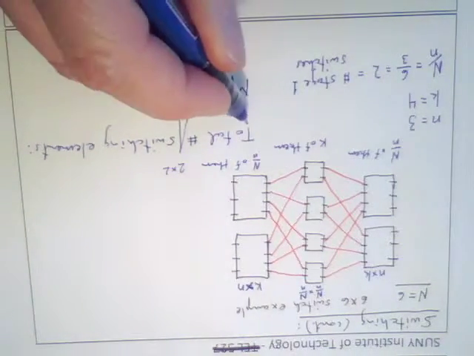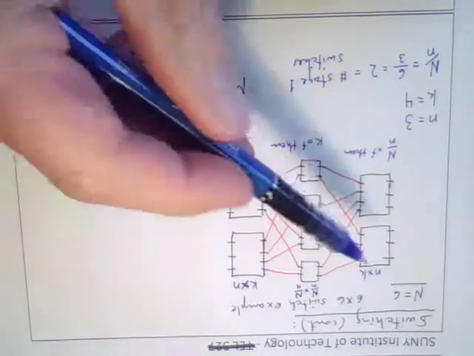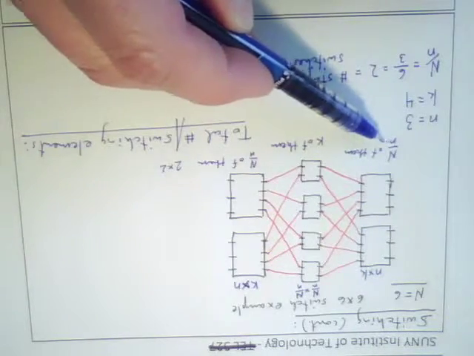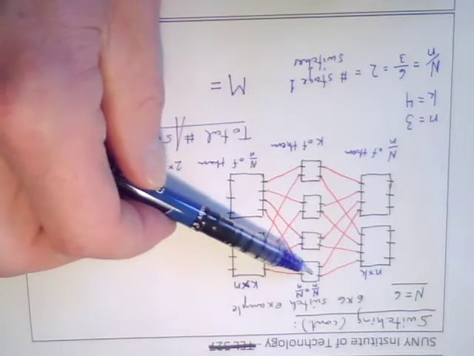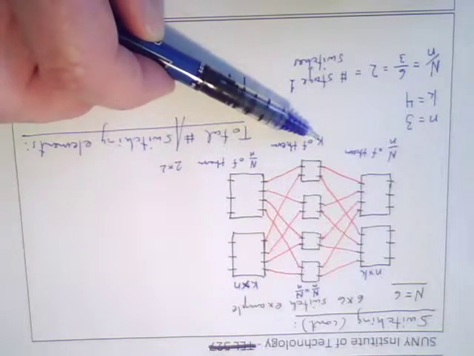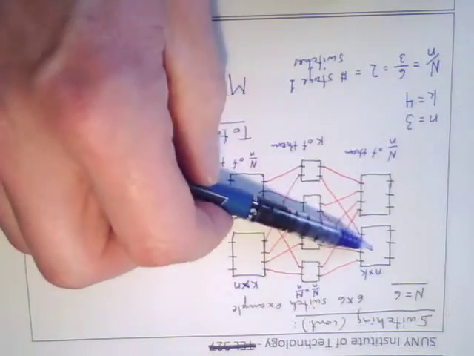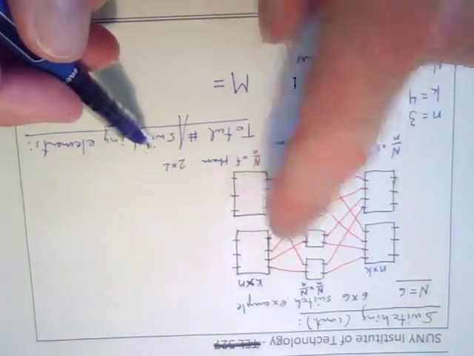Okay, and so the total number of 2 by 2 switching elements here is the number of switching elements per switch times the number of switches in the stage, plus the number of elements per switch in stage 2 times the number of switches in stage 2, and then stage 3, being symmetric with the input stage, has the same number of 2 by 2 elements as stage 1.